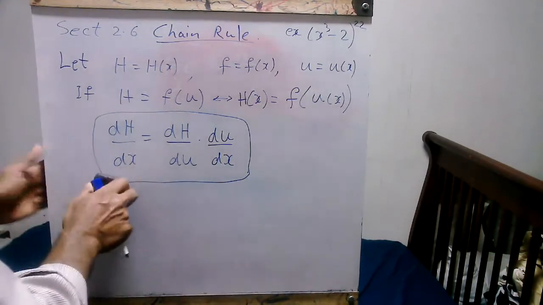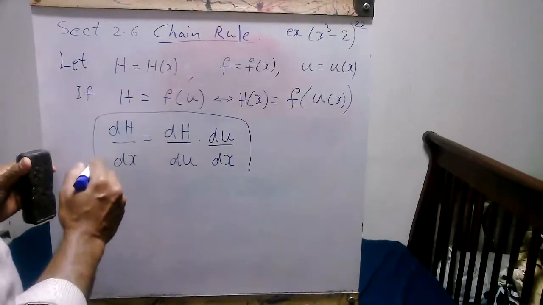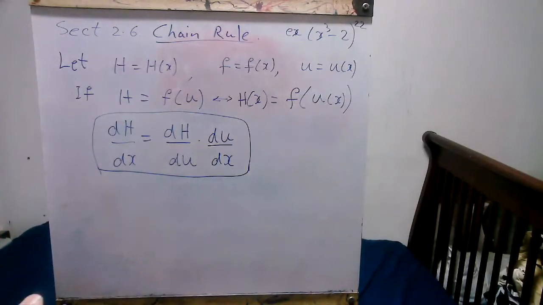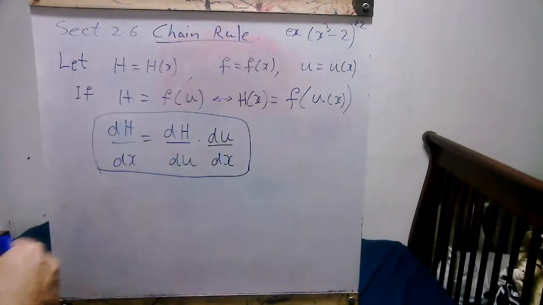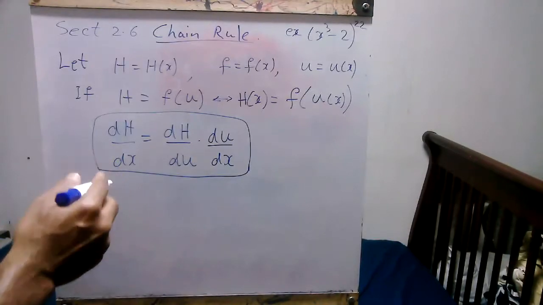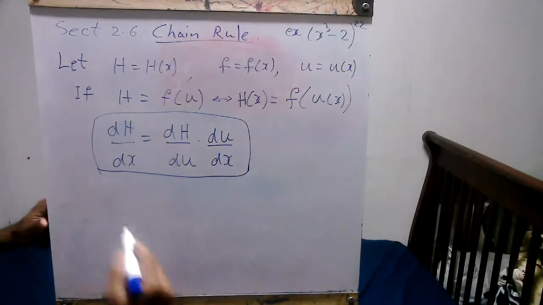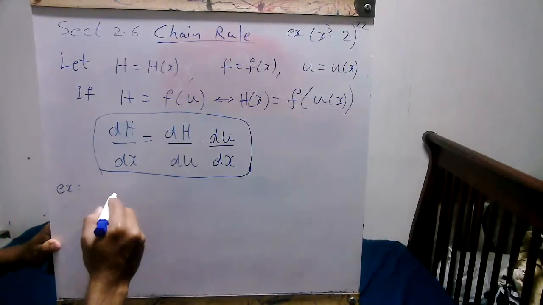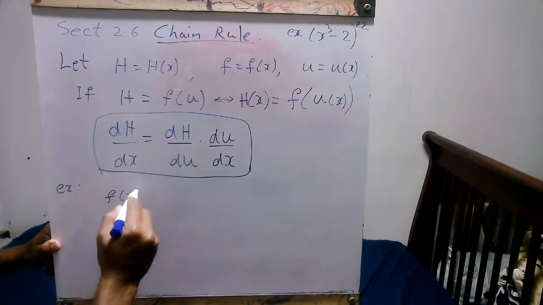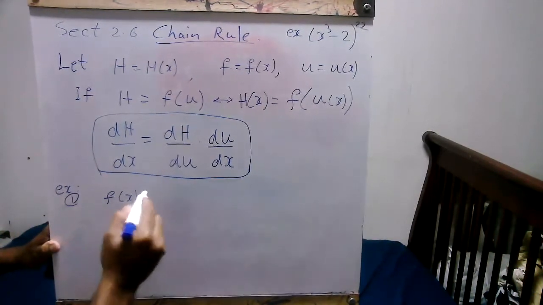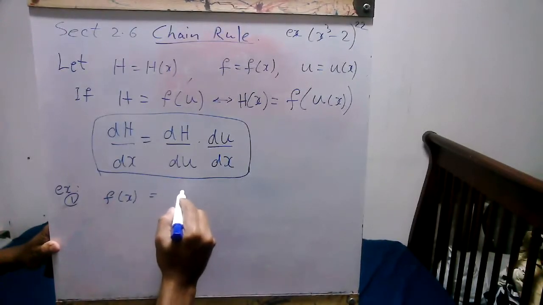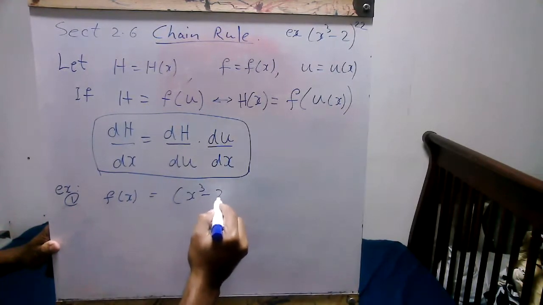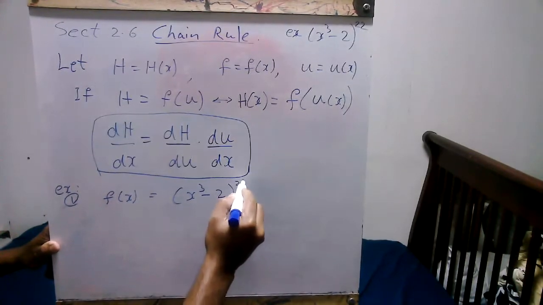Now let's get back to our original problem, this one. Before this, let's get the example that we did without using chain rule, which is f of x equal to x cubed minus 2 to the power 2.